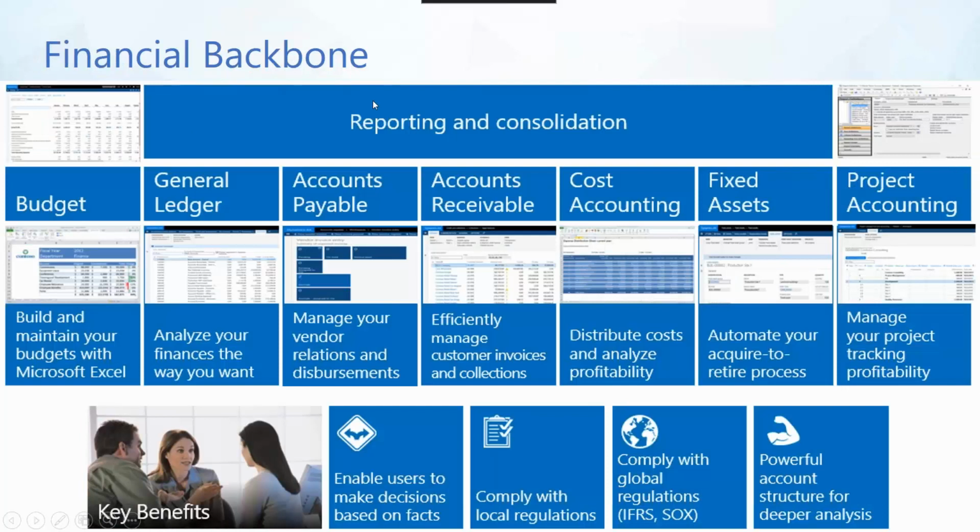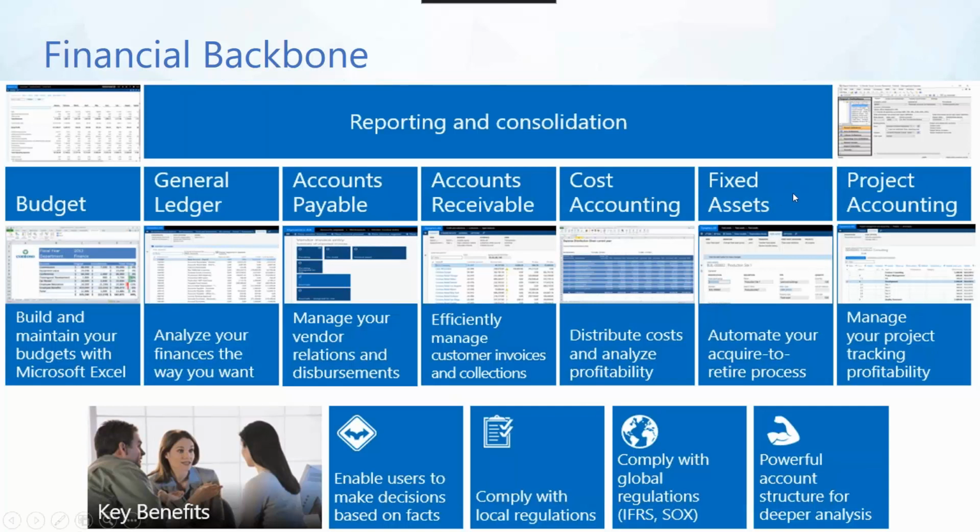So again, the financial backbone is a big part of this. Budget, general ledger, accounts payable, accounts receivable, kind of talked about in terms of billing your customers, purchasing materials and bringing them in, paying your vendors, cost accounting if you're in some light production or production capability, you want to roll up cost and develop standard costs for your items, track that and measure your profitability based on those cost capabilities.